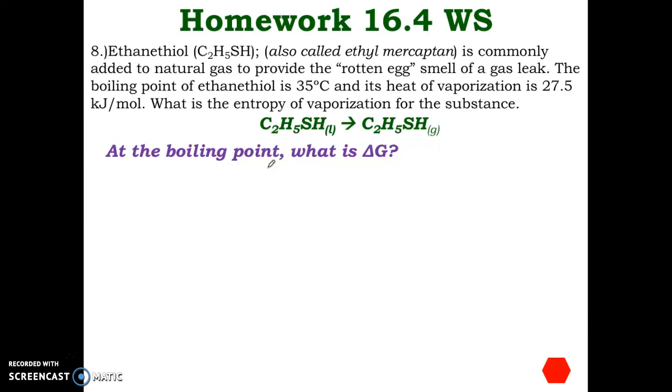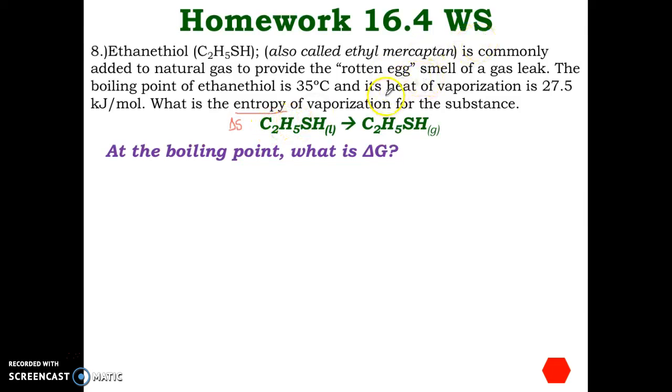What is the entropy of vaporization? So the question is asking, what is the entropy? Well, what variable is entropy? Remember, entropy is S. So we're looking for delta S here.